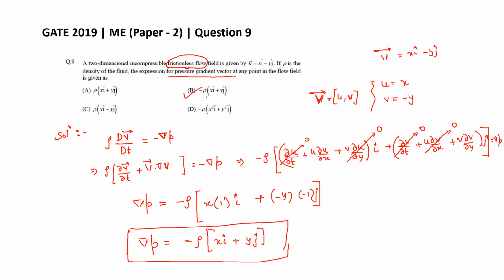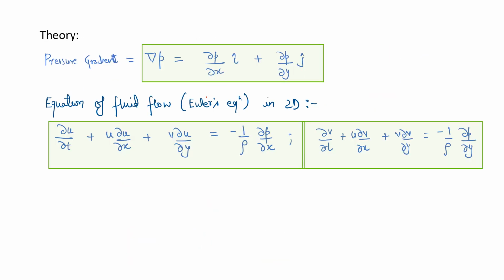Yes, sir. This talks about the flow in 2 dimensions. I don't think you should be applying hydrostatic law and using pressure gradients here, because pressure gradient will strictly be given by this formula, grad of P, which is equal to partial P partial x i cap plus partial P partial y j cap.